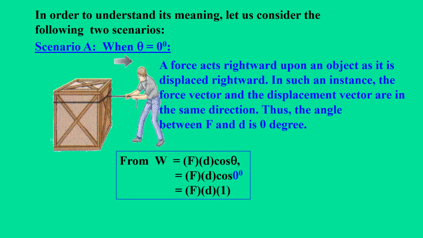From W equals FD cosine theta, since theta is 0, this equation becomes FD times cosine of 0, and since cosine of 0 is 1, the resulting formula is W equals F times D.